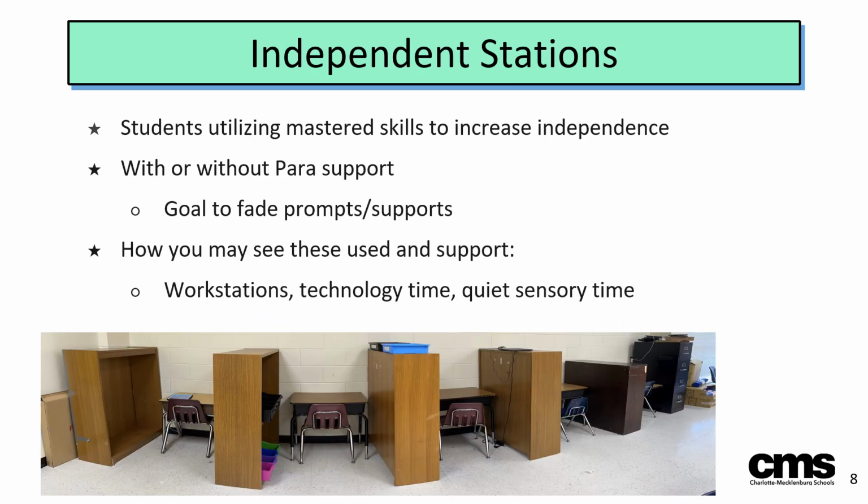You'll see independent workstations utilized for mastered skills and for students to increase their independence. These may be used with or without para support, and the goal is to fade prompts and supports. How you may see these used and how you may support is in workstations during technology time or quiet sensory time away.